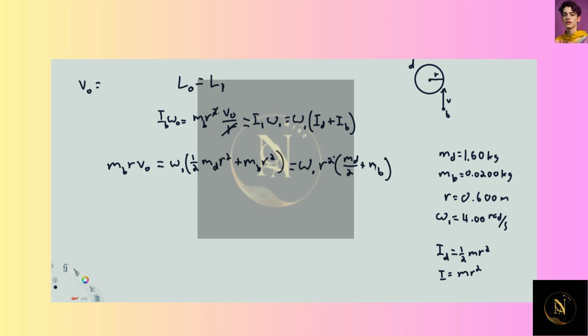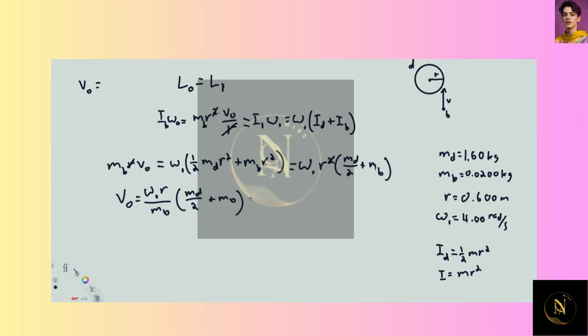And now this can cancel with that. And then all we need to do is divide through by m_b. And we will get v naught is equal to omega_1 r over m_b times m_d over 2 plus m_b.